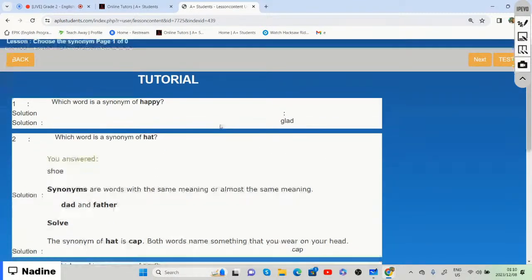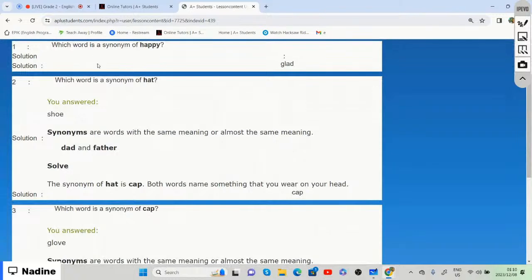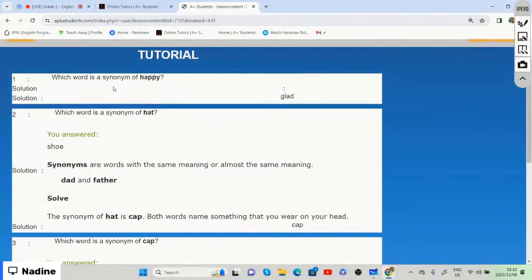So we are now choosing the synonym. It says, which word is the synonym of happy?